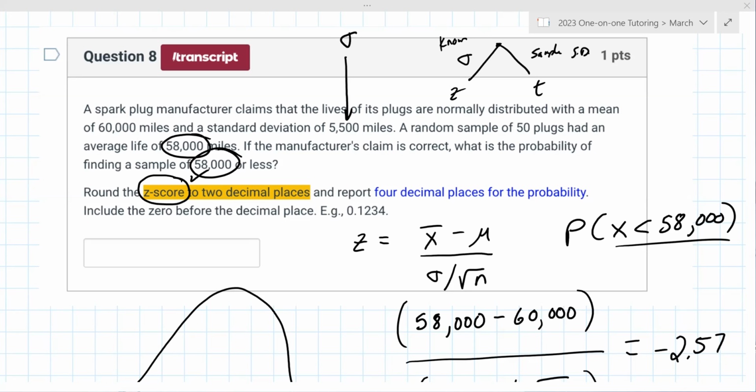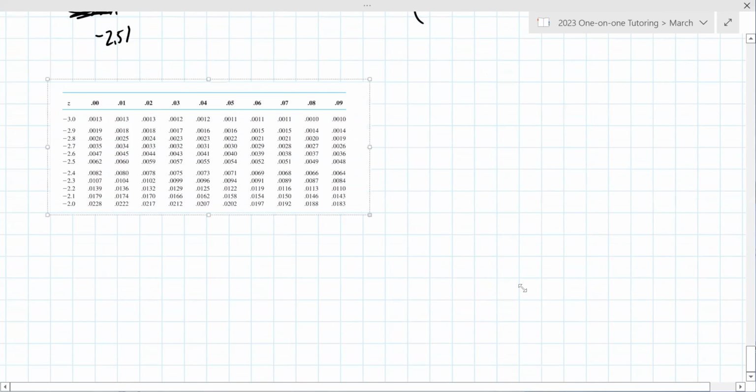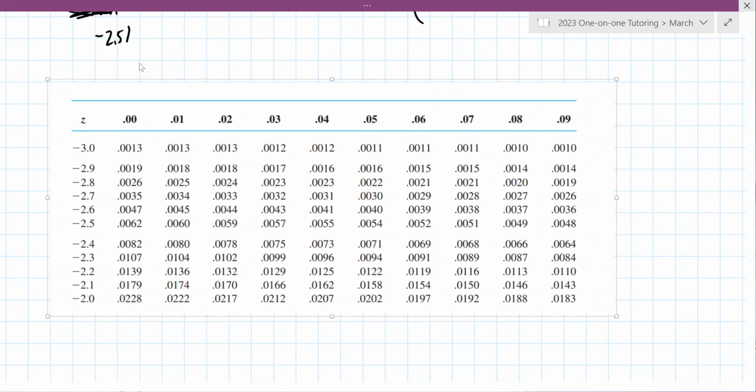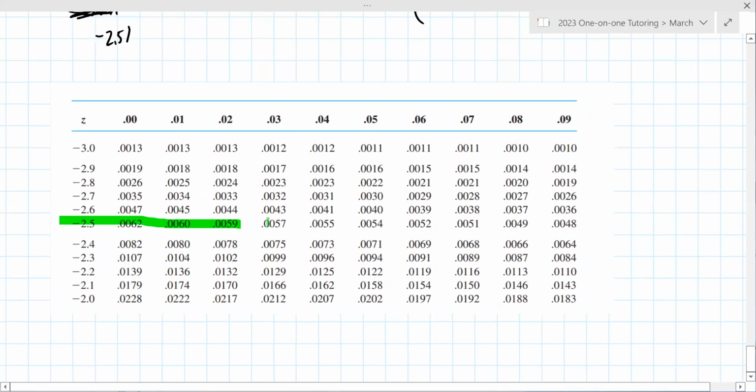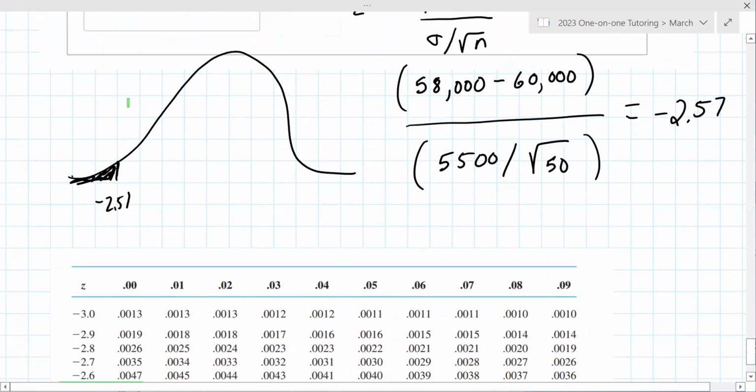Perfect. Okay, so here's a snip of the Z table for us to answer this problem. On the left here, you're looking for minus 2.5 because you're minus 2.57.